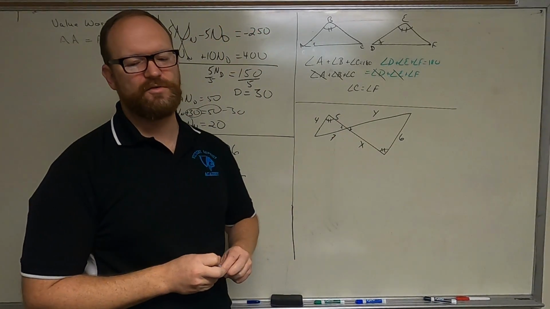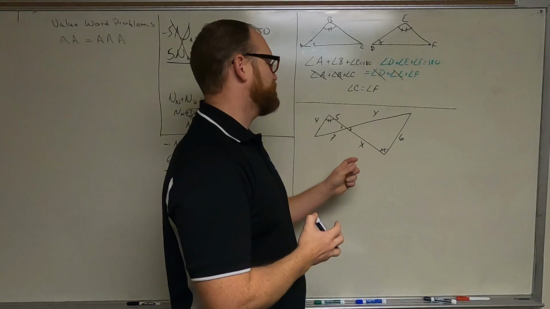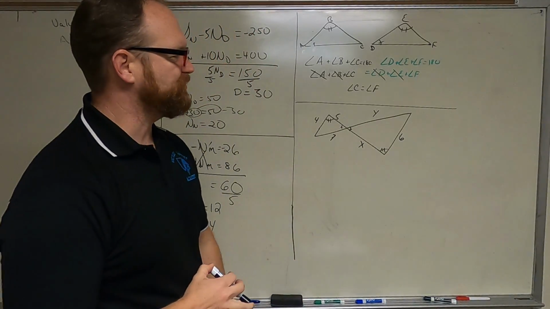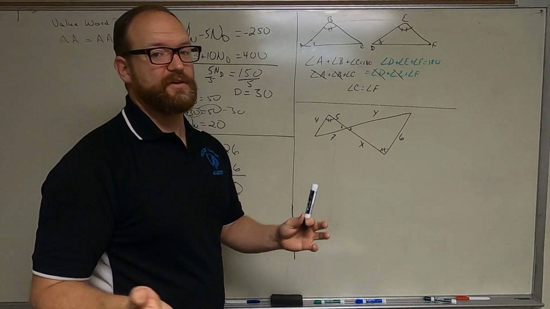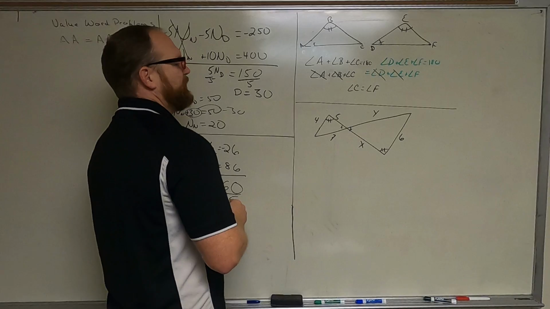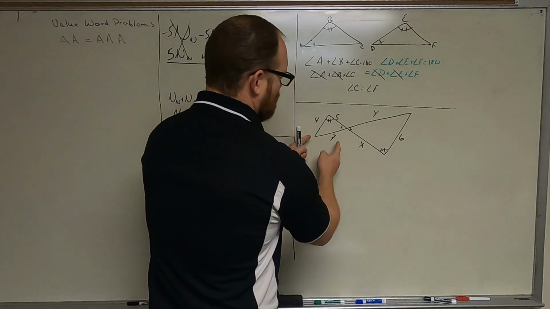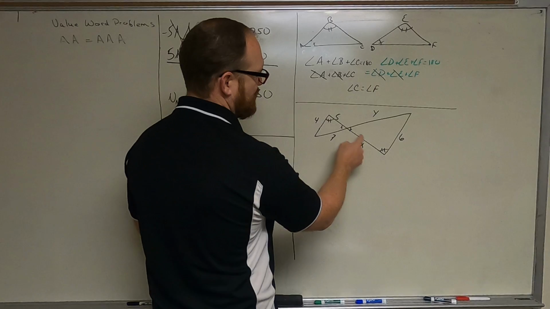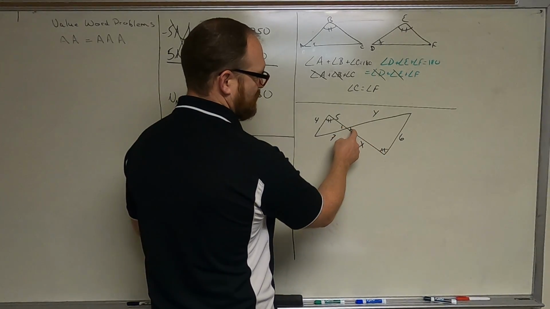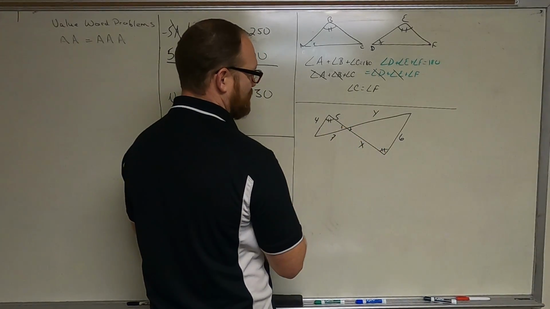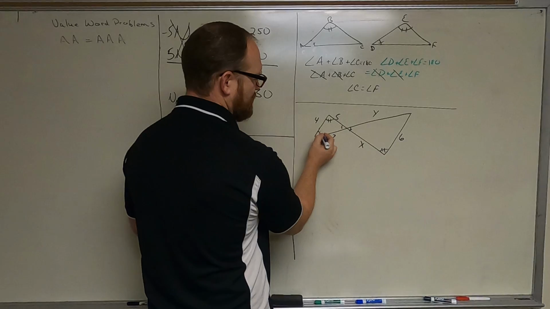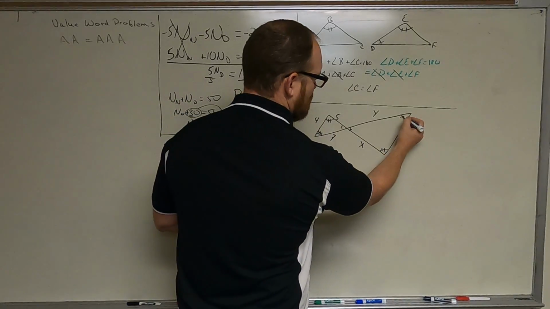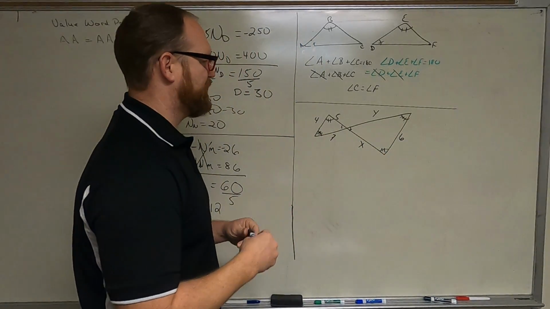So let's use that a little bit to work on this problem down here. And we'll see another scale factor problem. I'm sure you love these by now. Okay, so we have similar triangles. So we have this angle here is equal to this one is equal to this one. If that's the case, then this one, although it's not marked, has to be equal or similar to that one.